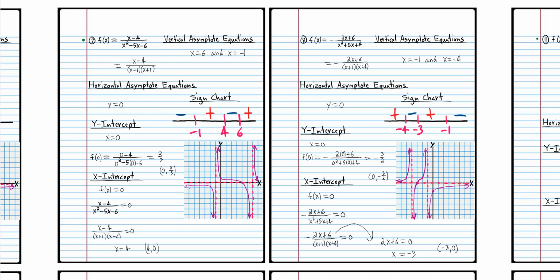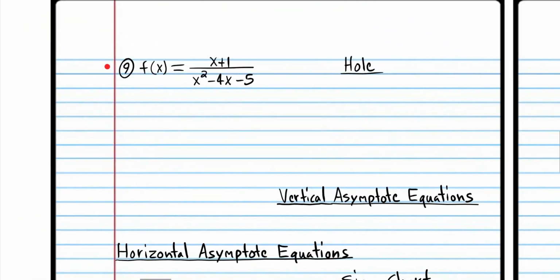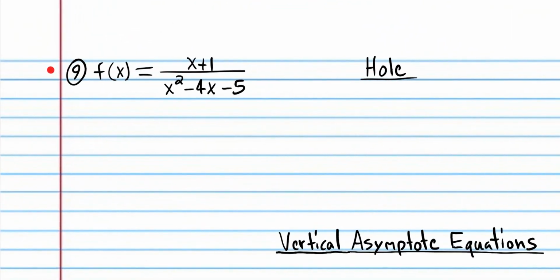Okay, so now let's try another type of problem. Now, this is the same type of problem that we did in the previous two examples, but we're going to have a hole.